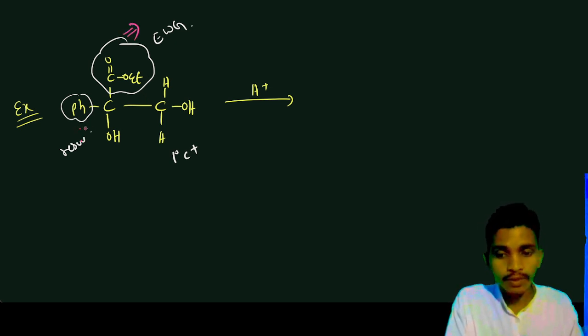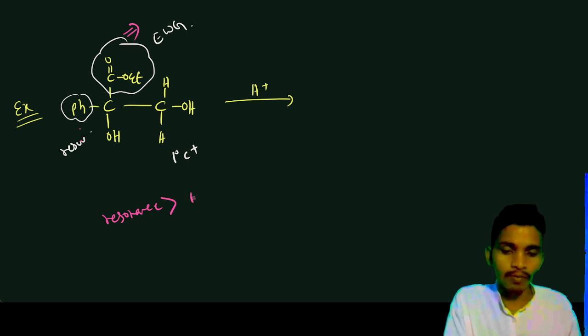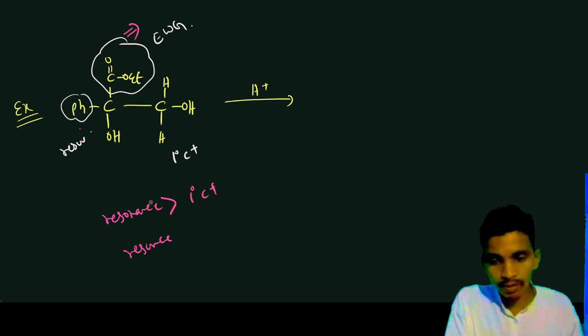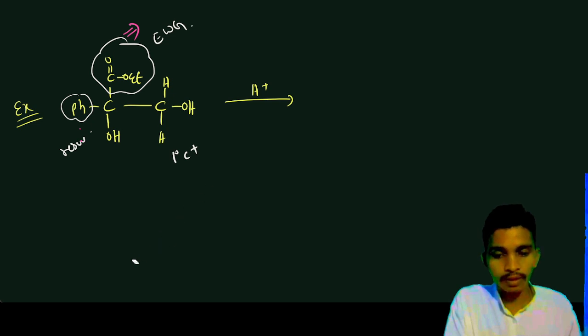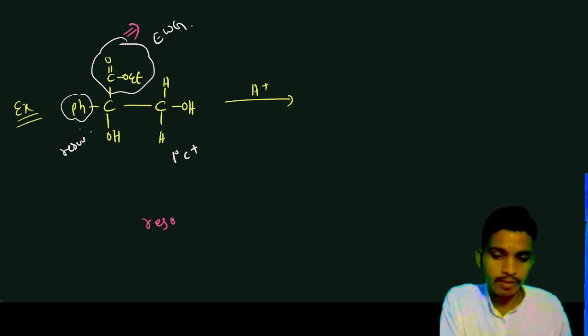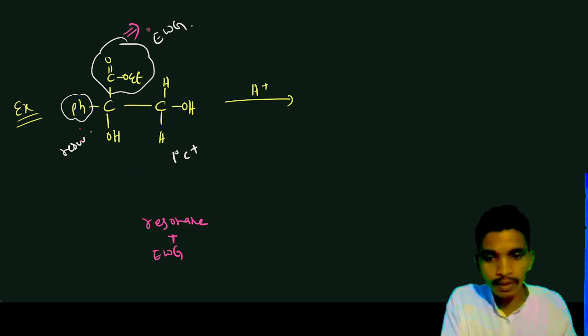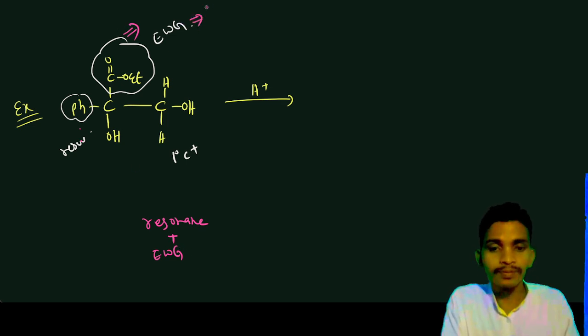So this resonance is more stable than the 1-degree carbocation. But if resonance is there, and what do we write here? Resonance is there plus what is there? Electron withdrawing group is there. So the electron withdrawing group will actually destabilize the carbocation.